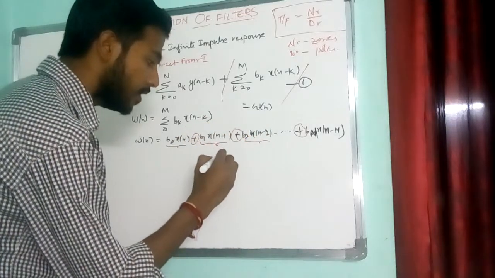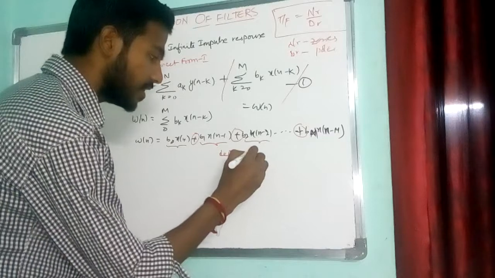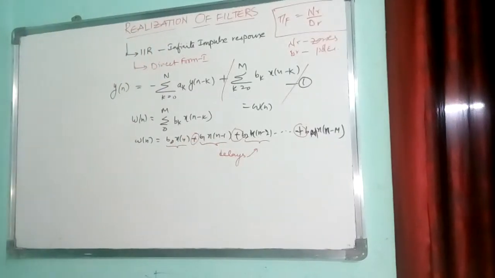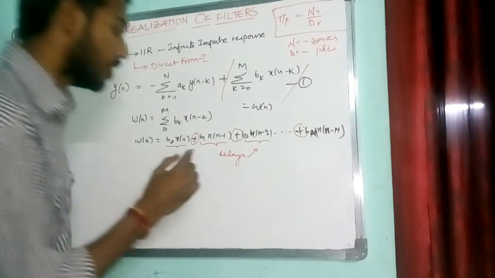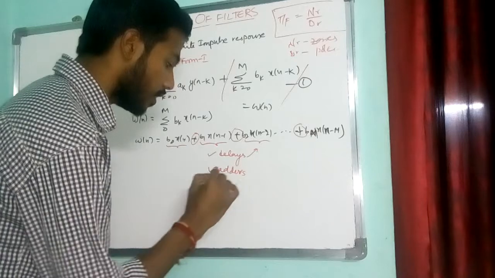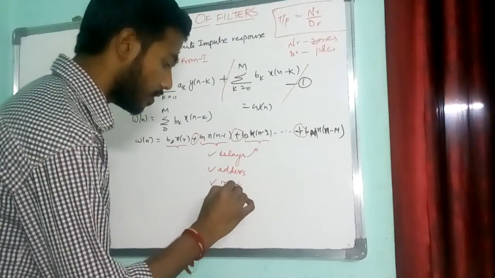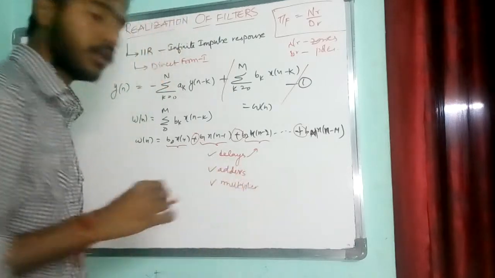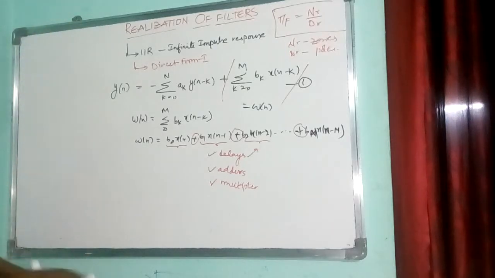That means I need delays. So the basic components required for digital filters are delays, adders, and multipliers.